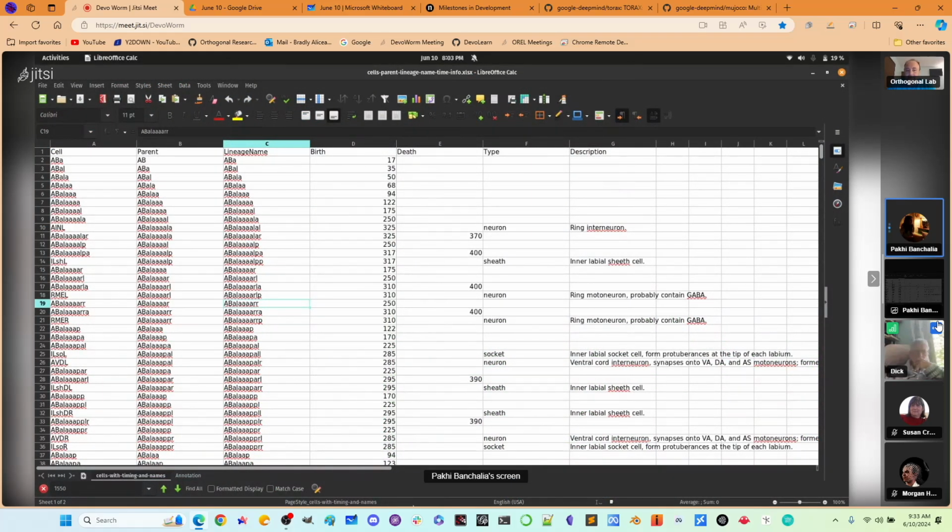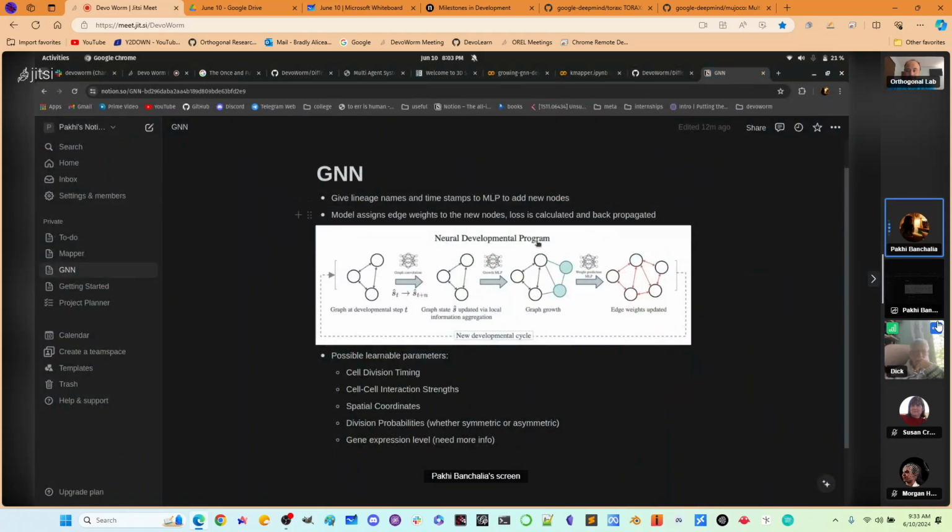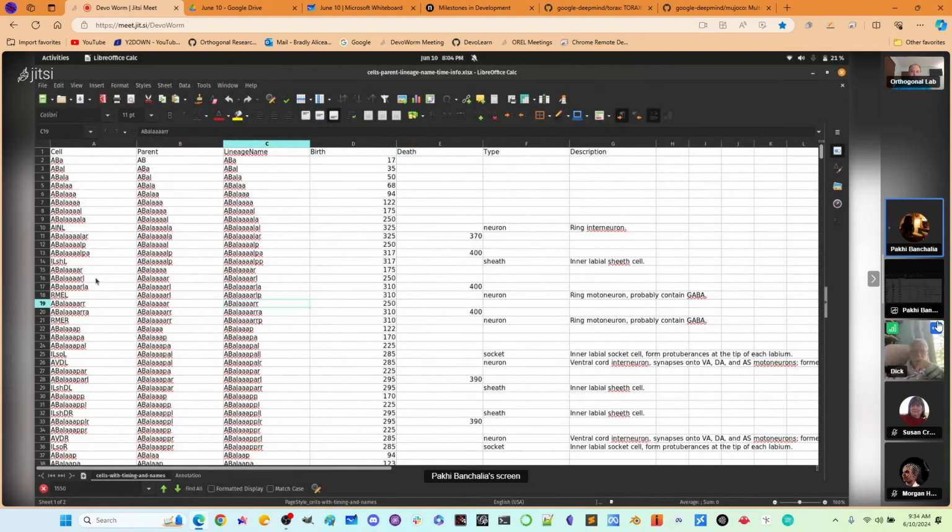So what I plan to do is that for the MLP, I will give the timestamps which will determine when to add which nodes, and where to add will be determined by the lineage names. For example, cells which have the same parent have the same substring in their names, only the last character is changed, is what I understood by looking at the dataset.